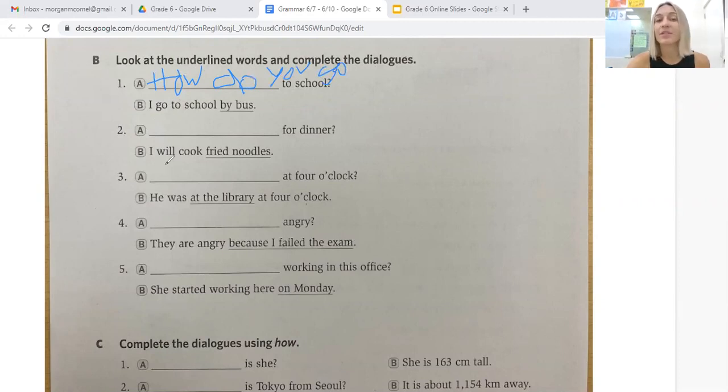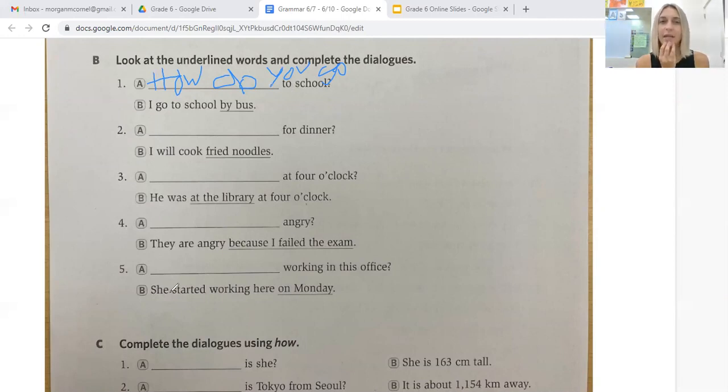You'll also have to pay attention to the subject and the answer. So I knew I need to write, how do you go to school? Because in my answer, it says I. This one's also I, but then they changed down here. He, they, and she. So if I'm not saying, how do you go? If the subject is not you, it's something else. Do you guys remember what I say instead of do?